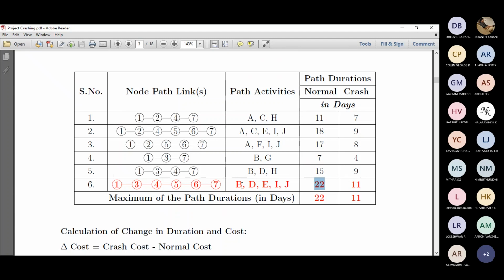Whereas for CPM and PERT, you should find out by forward pass and backward pass computation, right? So only for project crashing, this sanity check is allowed. I mean, the sanity check can be used for calculating the critical path. Whereas in a CPM problem, you should really use the original method, right? The reason we use this table format in project crashing is that project crashing itself is an iterative process.